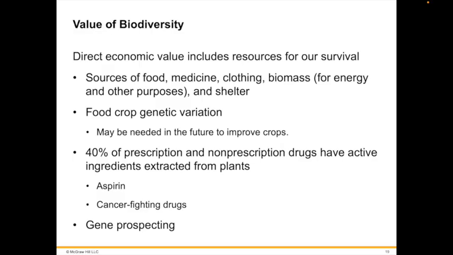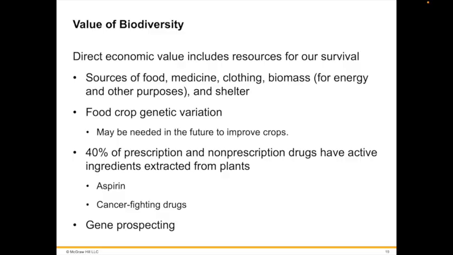About 70% of the world's population depends directly on wild plants as their source of medicine. In addition, about 40% of the prescription and non-prescription drugs used today have active ingredients derived from plants or animals. Aspirin, the world's most widely used drug, was first extracted from leaves of the tropical willow, Salix alba.